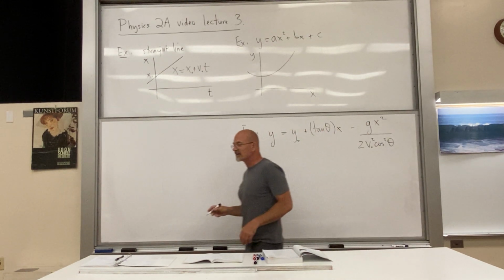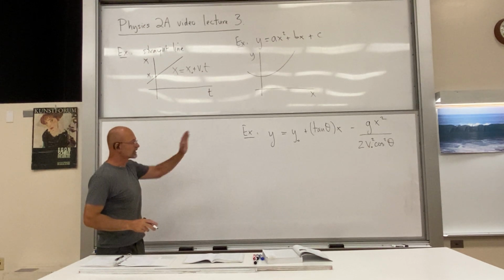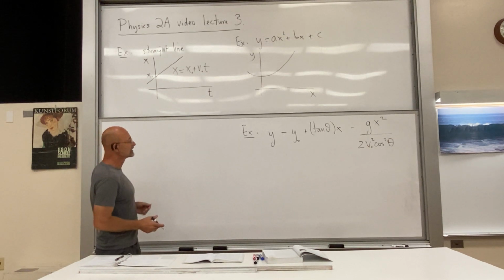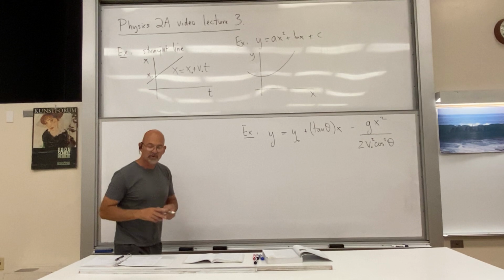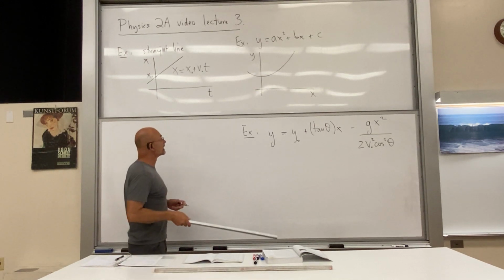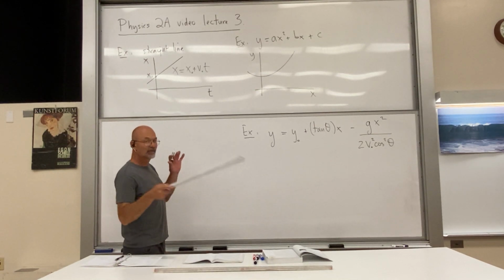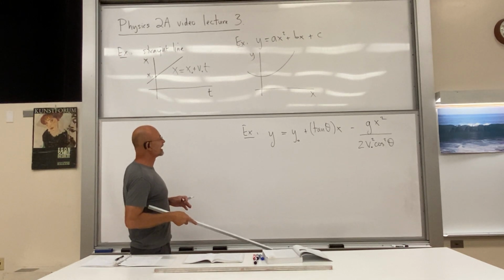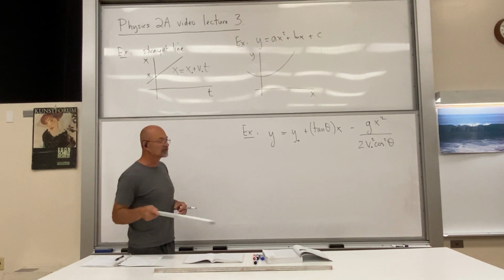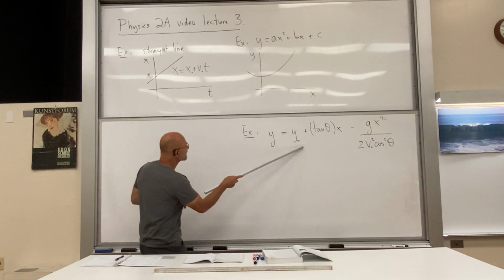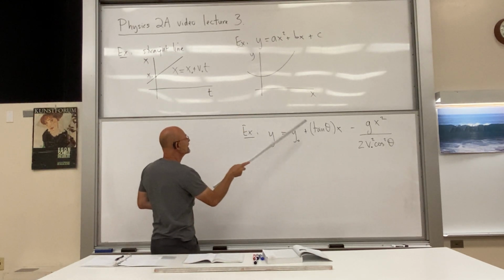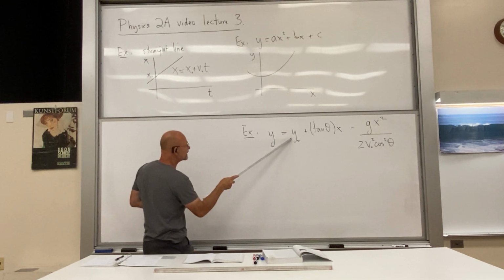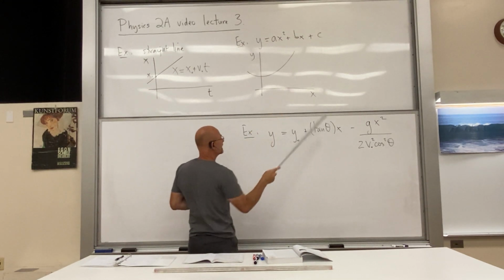Okay, in a few days I'm actually going to derive this expression for you, and we'll see its entire physics meaning. But right now I'm trying to show you something that is at first intimidating, but in principle doesn't have to be intimidating. It's the kind of thing we have to get used to. So if we were to compare these two equations, we'd see we've got a constant, so y sub 0 is a c.